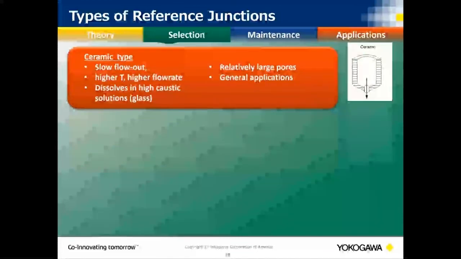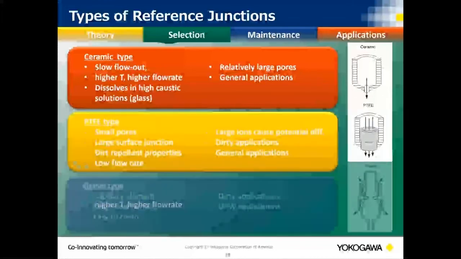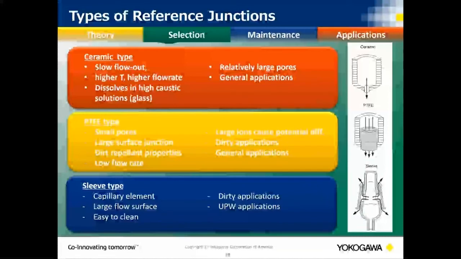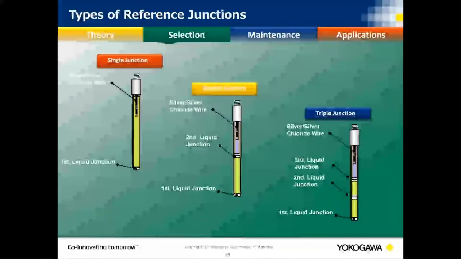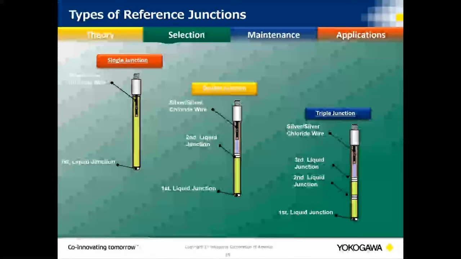Manufacturers have come out with different types of junctions: ceramic, Teflon, and sleeve, for different applications. If we're measuring ORP in a general purpose application, like a batch neutralization, you can normally get away with either Teflon or ceramic. But if we're going into really nasty, dirty applications or ultra pure water, you're going to want a sleeve type junction, to get the longest life out of your electrodes as possible.